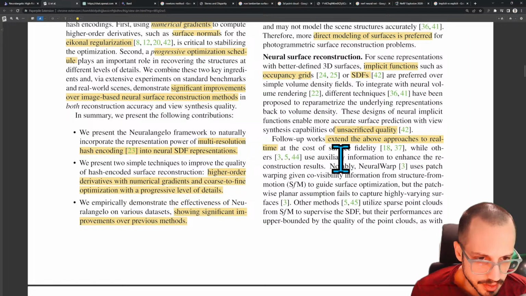While others use auxiliary information to enhance the reconstruction results. Notably, Neural Warp uses patch warping, given co-visibility information from structure from motion to guide surface optimization.